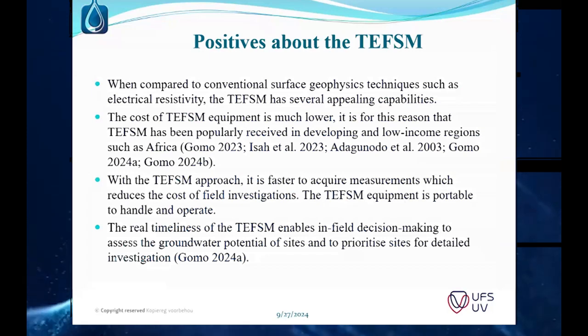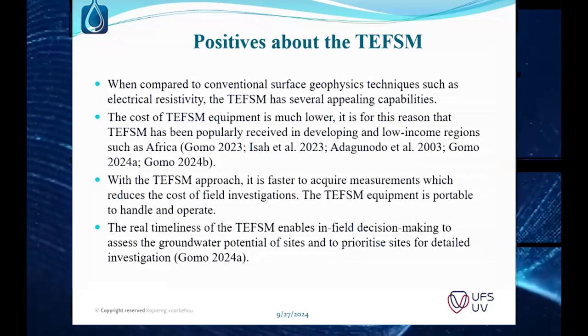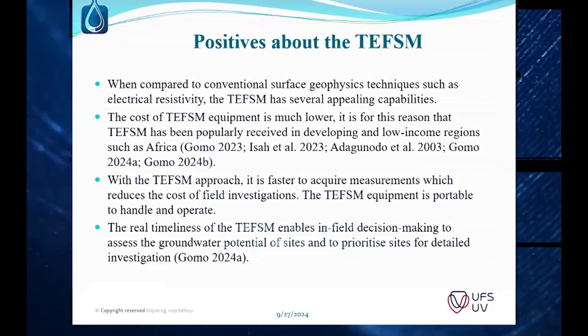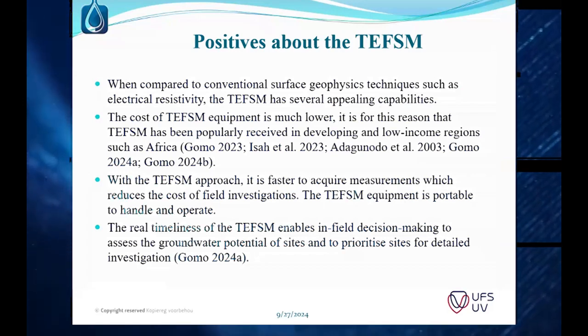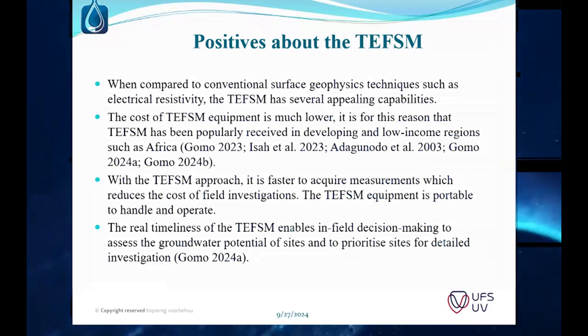Positives, which I think are very good, that we can build on, is when compared to any other existing traditional approaches for groundwater exploration, this is surface geophysics. I think the telluric electric frequency selection method has so many capabilities. It's appealing.